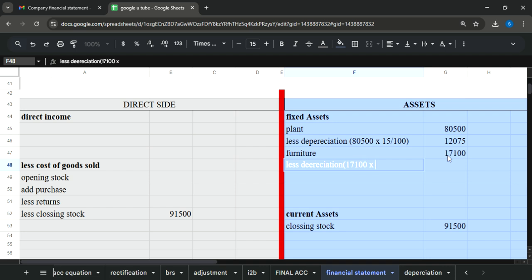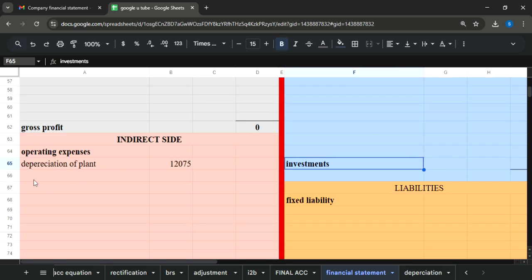Rate is 10%. How have we taken 17100? That is the amount of furniture, then multiply by 10 divided by 100, the rate was mentioned in the book. So 1710.